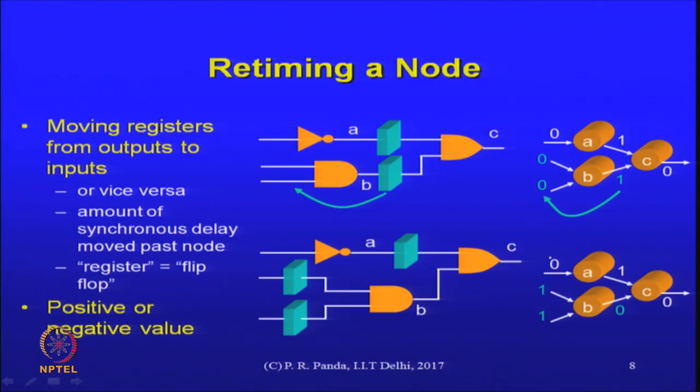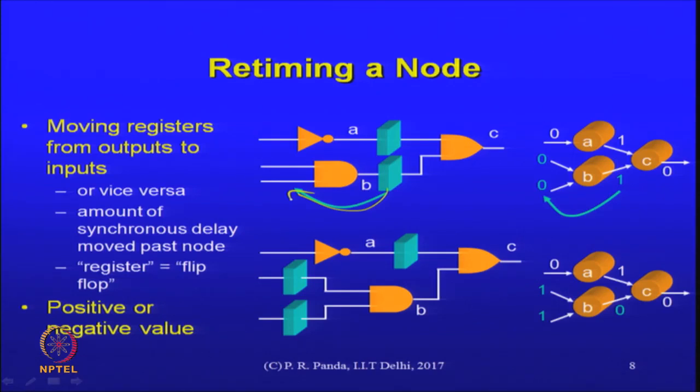Retiming of a node is defined as follows. We say that an individual node is being retimed in the graph, which is to say that we are moving some registers from the output of a gate towards its input. The direction is just a convention, it also works from input to output, but for this optimization a positive retiming number associated with a node means that some registers are moved from its output towards the input.